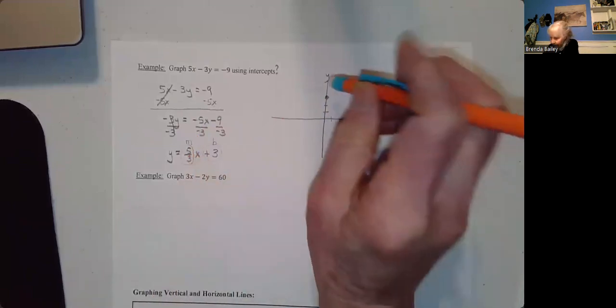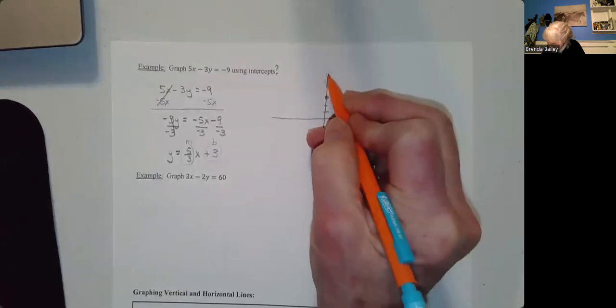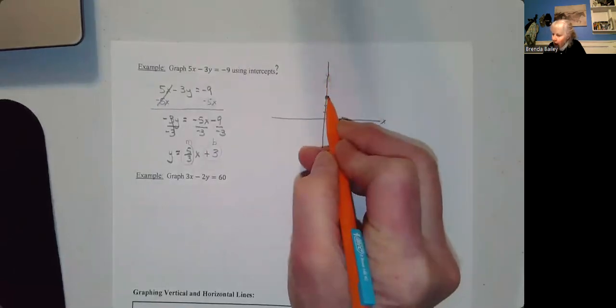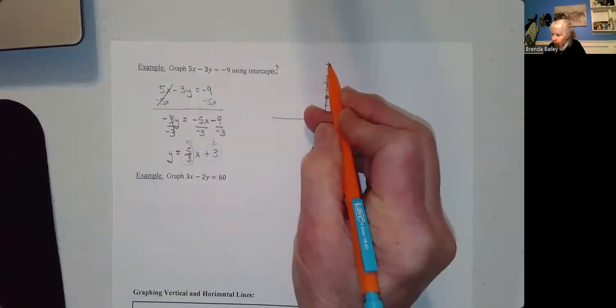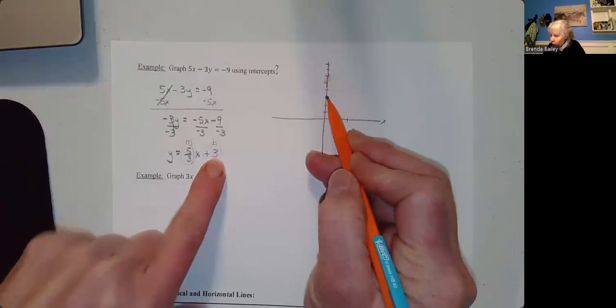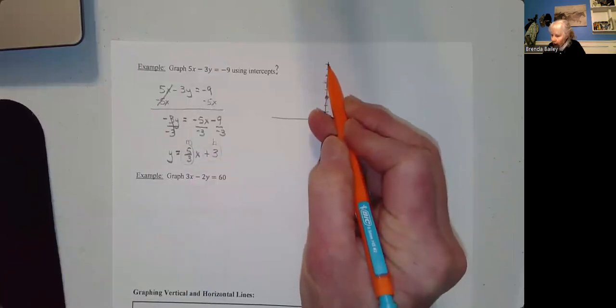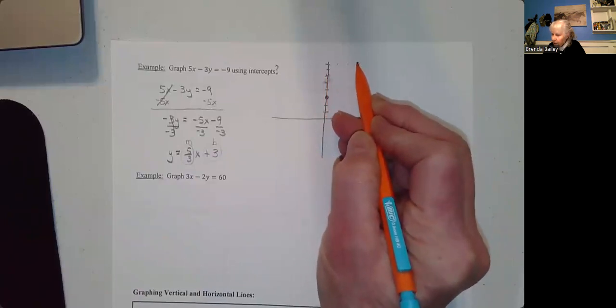So I didn't really leave myself a lot of room. But you'll go up 5, 1, 2, 3, 4, 5. And again, I started at my y-intercept, 1, 2, 3, 4, 5, and over 3, 1, 2, 3.